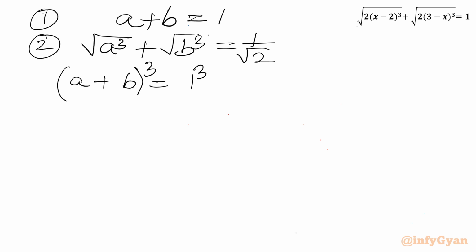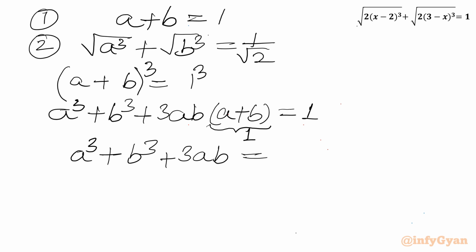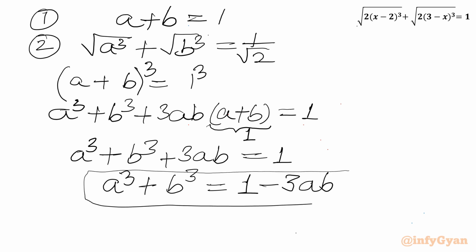Using the (a + b)³ formula: a³ + b³ + 3ab(a + b) = 1³ = 1. Since a + b is 1, I can write a³ + b³ + 3ab = 1, or we can write the value of a³ + b³ equal to 1 − 3ab. Let us call this equation number 3.